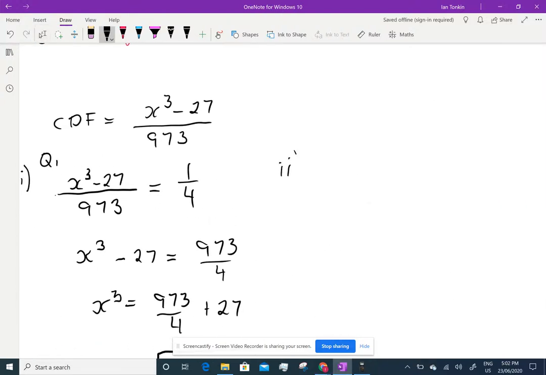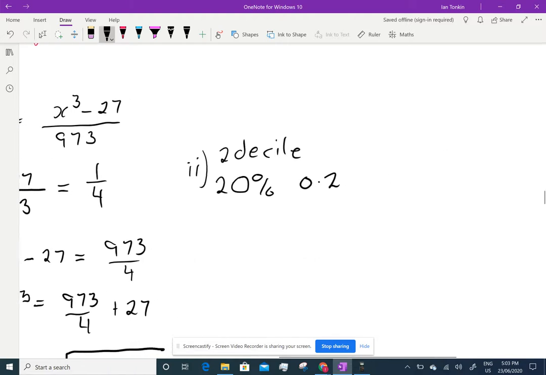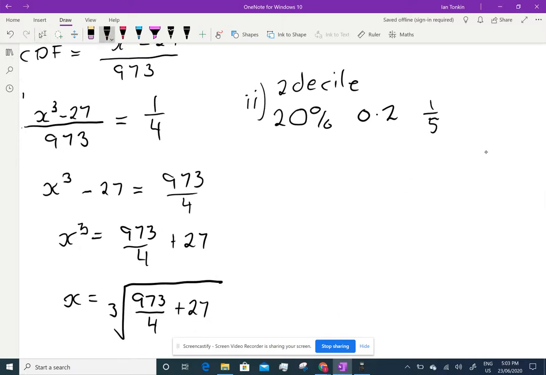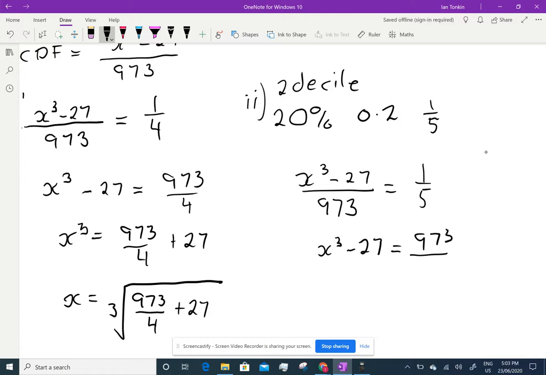So the second decile is 20%. Now remember, you can put 0.2, or 20 over 100. 20% is a fifth. I just like working with fractions. So x cubed minus 27 over 973 equals a fifth. It doesn't matter if you've used a decimal. Multiply the 973 over: x cubed minus 27 equals 973 over 5.